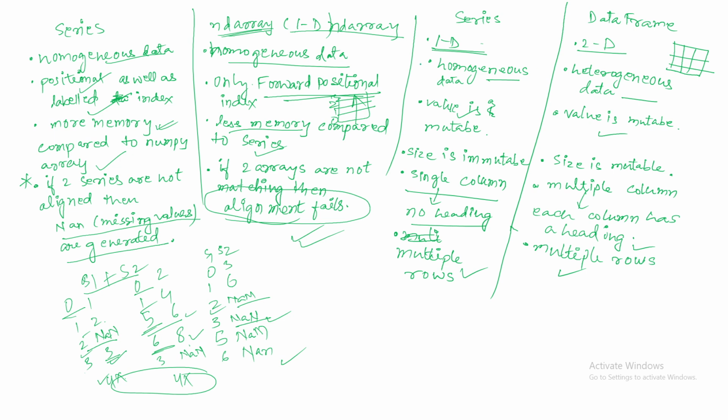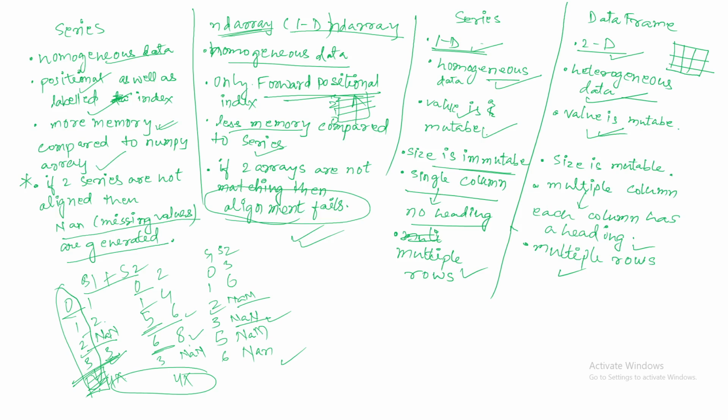Series and data frame, what is the difference between them? This is single dimensional, it is double dimensional. This is homogeneous data type, it is heterogeneous data type. Value is mutable, means we can change the value. Here also value is mutable, we can change it after creation. We are talking about after creation. But size is immutable. Series size is immutable. After you create the series, just like here 0 to 4, that means 4 elements, 4 index, afterwards we cannot append it, means we cannot add any more data here.